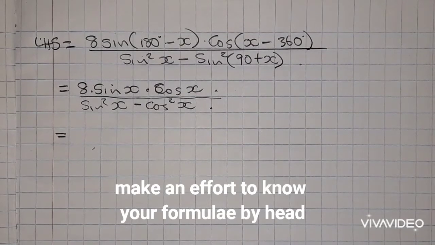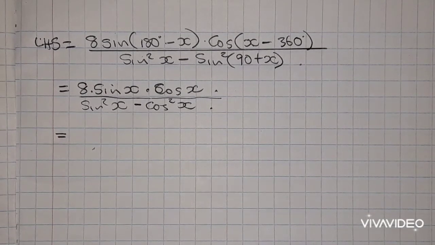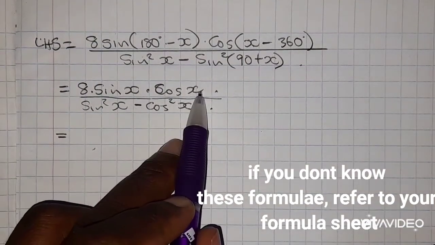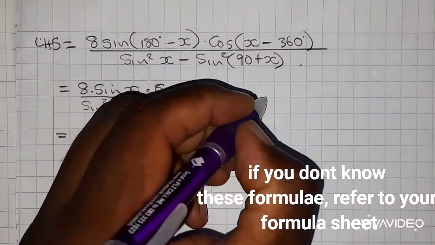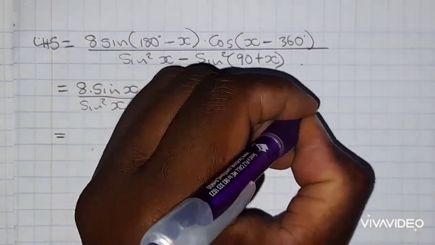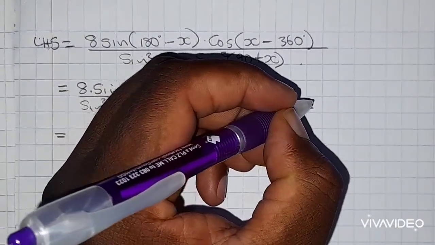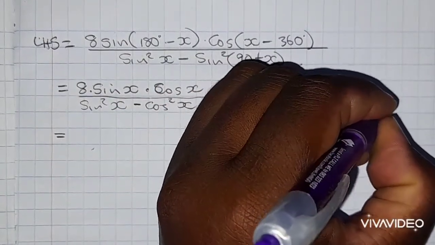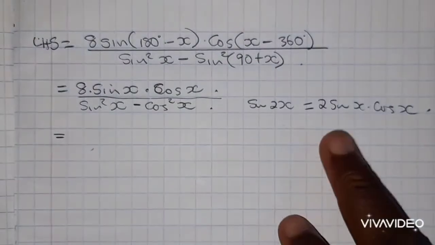I'm seeing expansions here. Expansion of the double angle of sine and also cos. The expansion of sine 2x, remember, is sine 2x equals 2 sine x cos x, right?